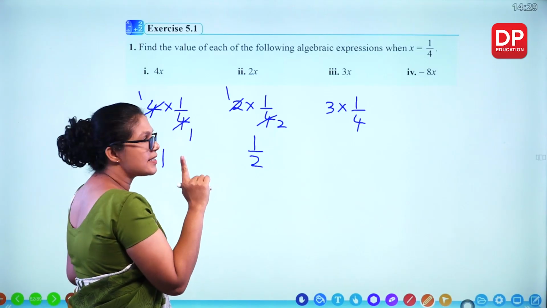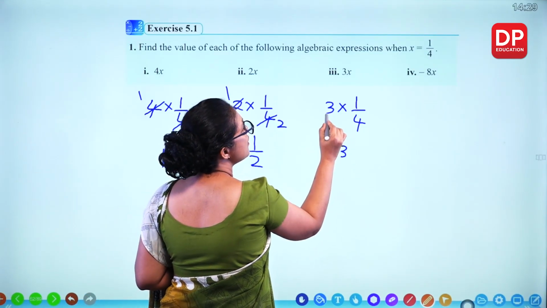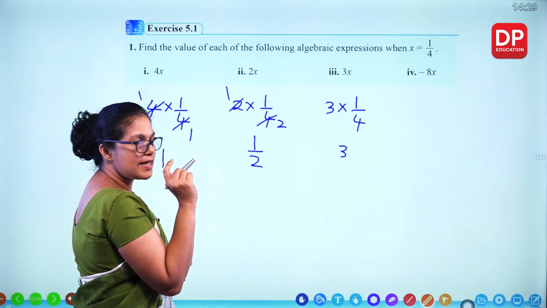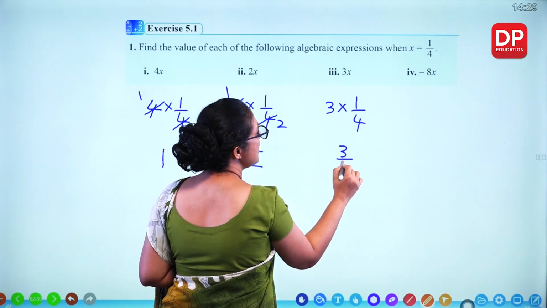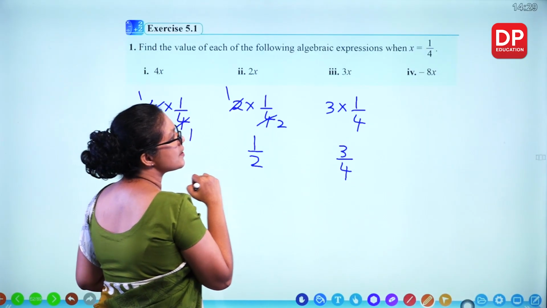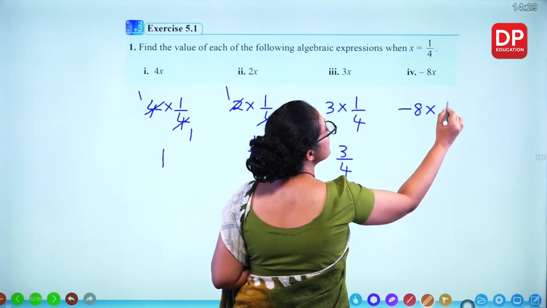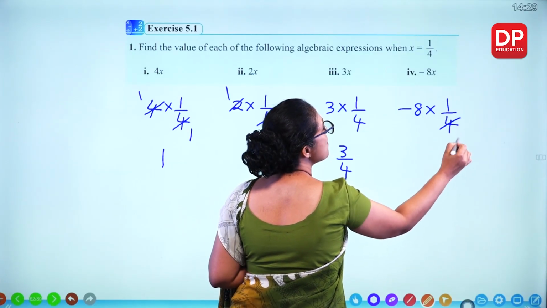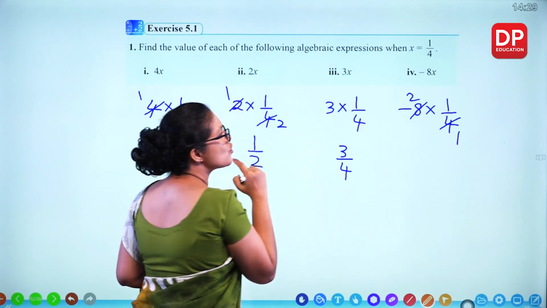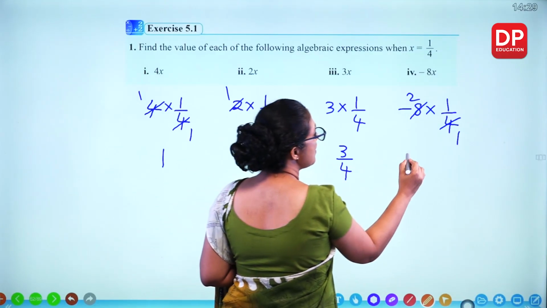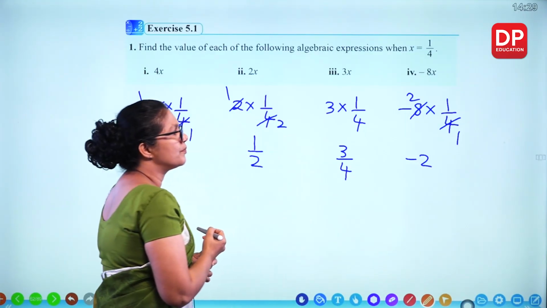So here 3 times 1, 3. Here numerator separately and denominator separately. So you get 3 and 4, 3/4. Minus 8 times x, that's 1/4. 4 times 1, 4 times 2. So minus 2 times 1, minus 2.